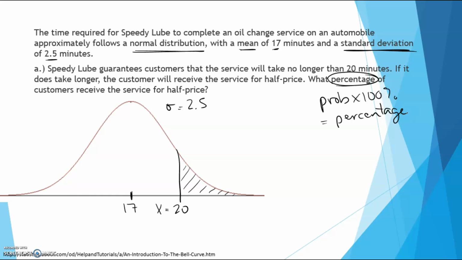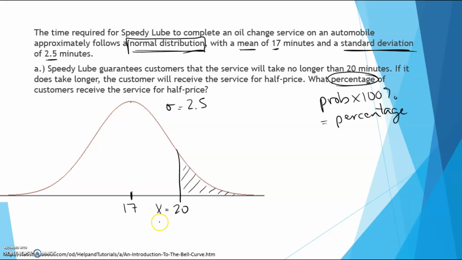So to find probability, since we are in a normal distribution, we're looking at a continuous distribution, which means that area is equal to probability. Well, I have a table that links area to z-scores. So if I find a z-score, I can find the area, which is the probability, then multiply the probability times 100%, and I'll get my percentage.